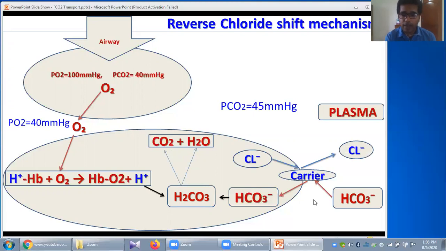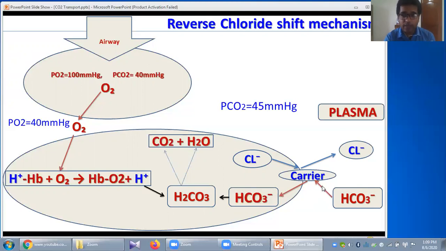Okay, so at the same time, this carrier protein is transporting bicarbonate into the RBC, and at the same time it removes the chloride ion outside the RBC. That means this chloride ion moves back to the plasma. So this is the completely reverse reaction occurring across the red cell membrane in the pulmonary capillary.